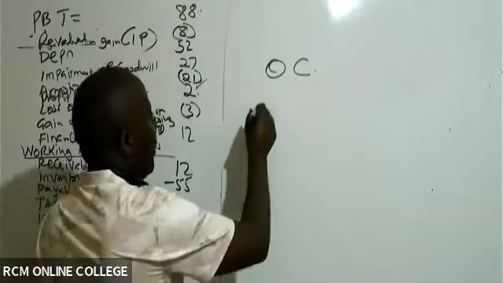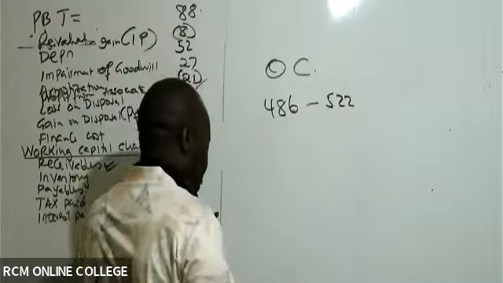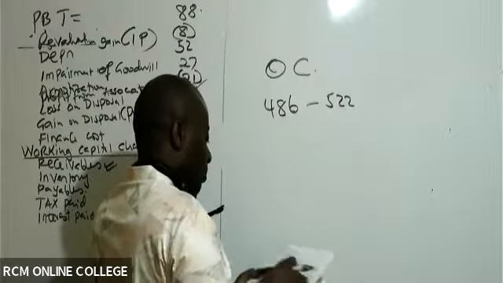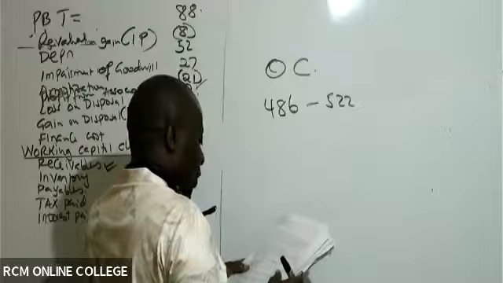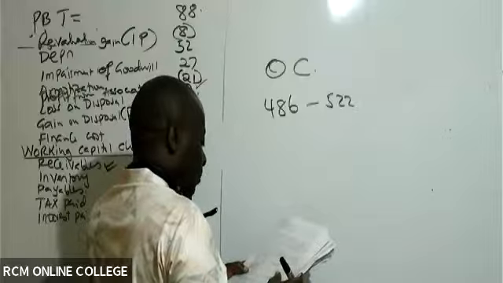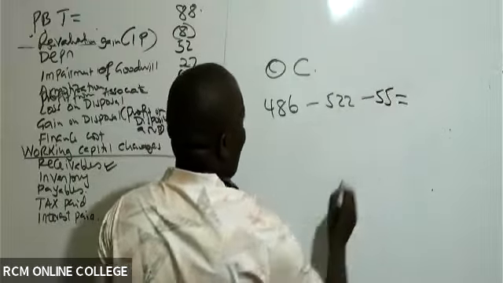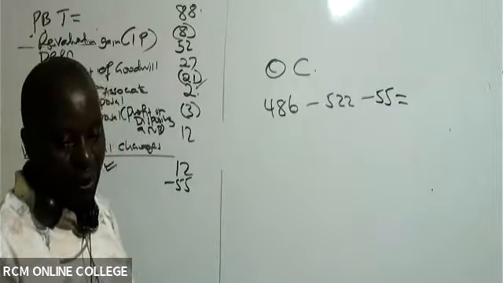So we have here 486 minus 522, minus this subsidiary that left us, which went with payables worth 55. And they're saying it's 524.